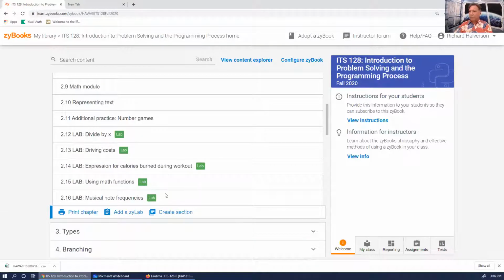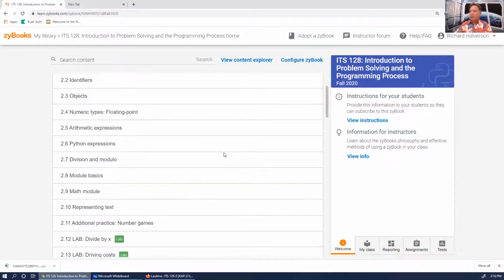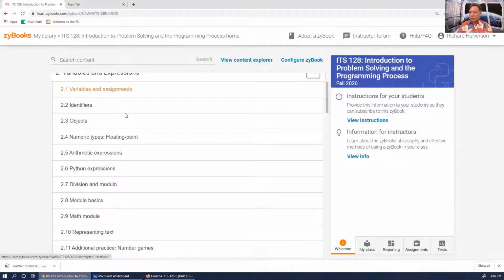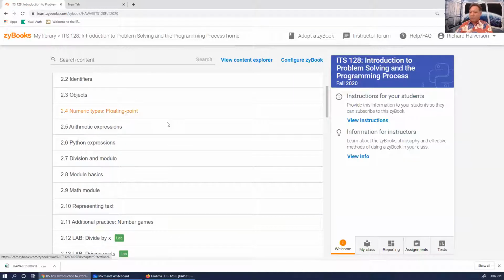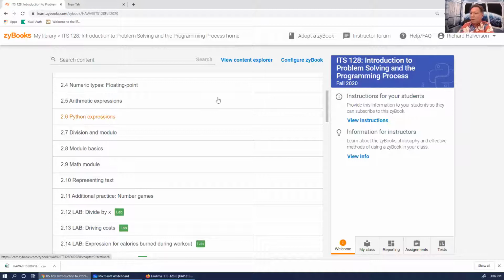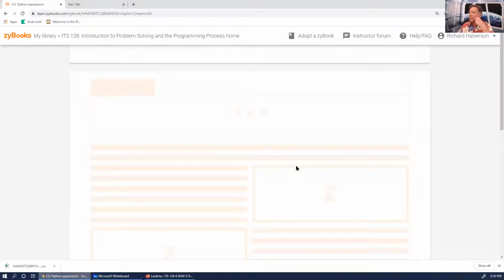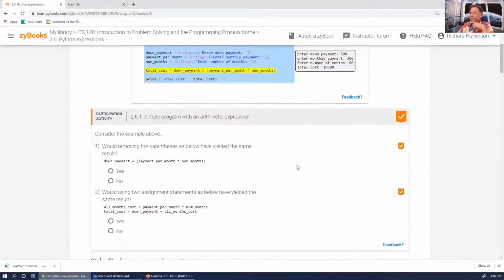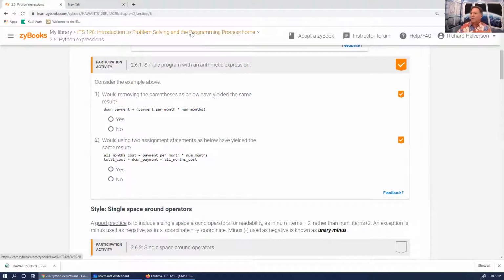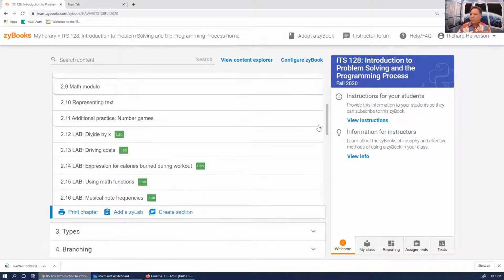There's 5 of them, and you should have gone through the chapter and participated in the participation assignments, and hardening up the syntax of the language, operator precedence, and so on. So let's take a look at what the labs are at the end. Okay, first one, divide by x.